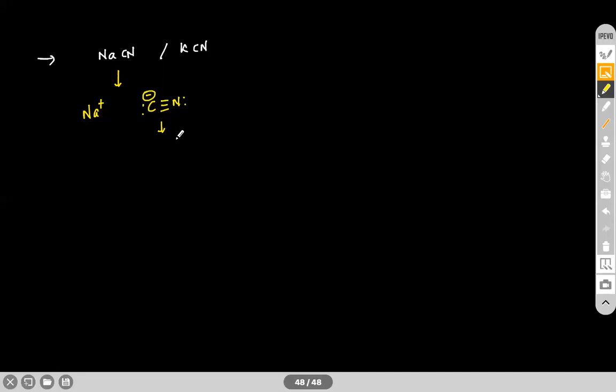It is the term, one term we use here. It is ambidentate ligand. We'll study this in coordination compound. Ligand is the compound or ion which donates a pair of electrons. Ambidentate means the ligand which has more than one site of donation of electrons.